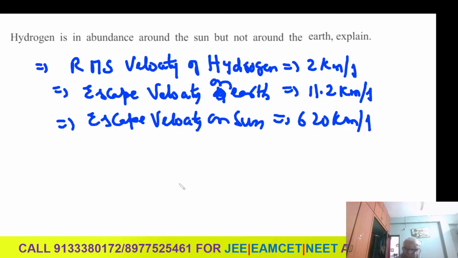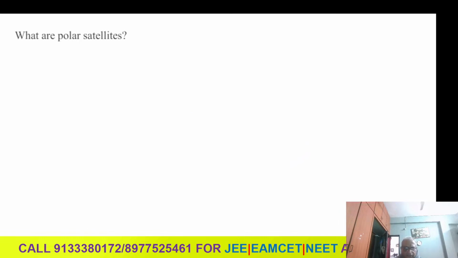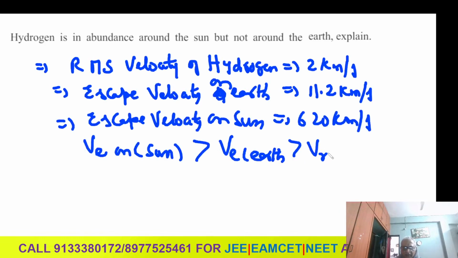The escape velocity of the sun is much greater than the escape velocity of Earth, as well as greater than the RMS velocity of hydrogen.